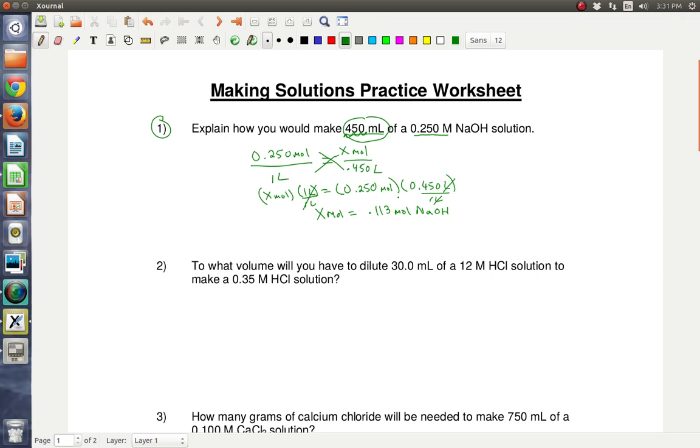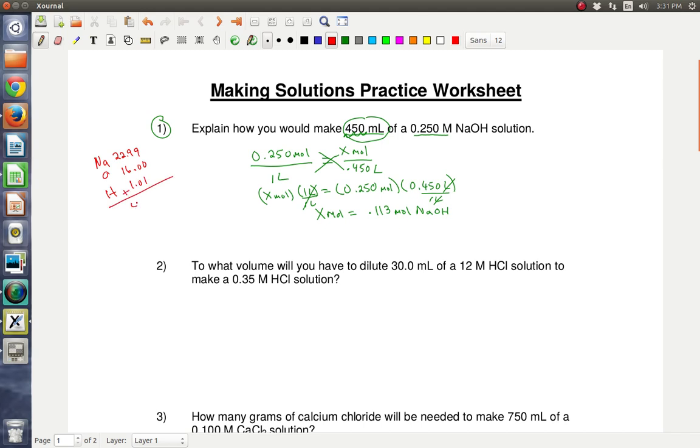And so that's good, but I can't go to the scale and weigh out 0.113 moles of sodium hydroxide. I can weigh out some grams. So I'm going to have to turn these moles into grams. All right, so again, let's calculate the molar mass of sodium hydroxide. Sodium is 22.99, oxygen is 16, hydrogen is 1.01.